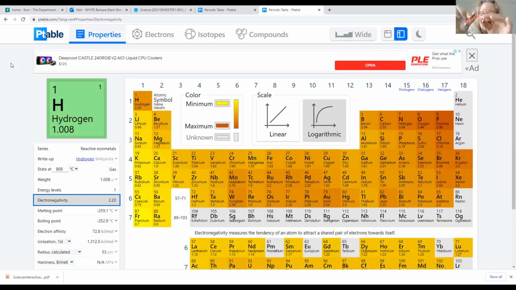And it ends up being called polar, where you've got more negatives at one end and more positives at the other end. And they kind of join with other water molecules. They're attracted to other water molecules, but not quite the way ionic bonds form. The strength of the attraction is not as strong, but they're still attracted to each other because one end is more negative than the other end, so it'll end up making this kind of joining like that, which is why we have liquid water.